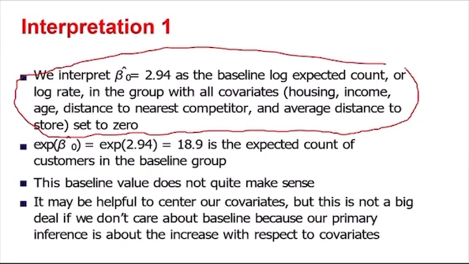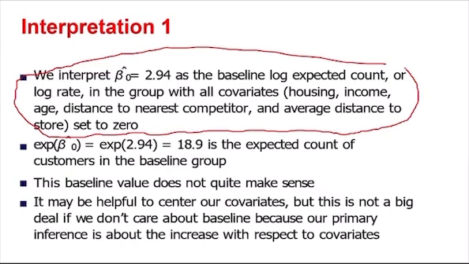Even though the interpretation here is nonsensical, for how can we have a region where there's no housing, no income, everything is 0? So you're going to measure log rates. This is not rate. This is the logarithm of rates.